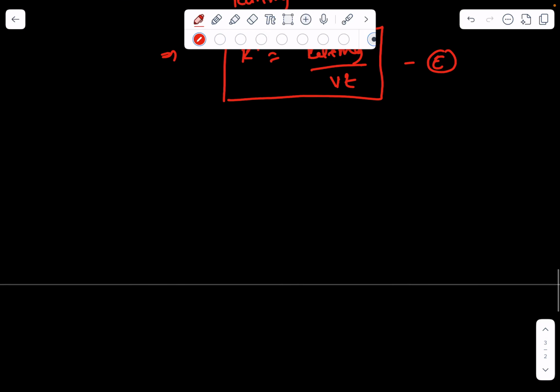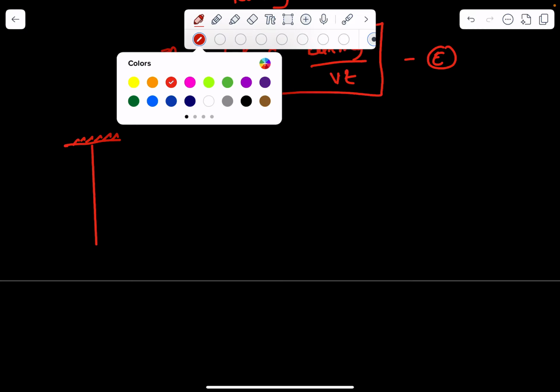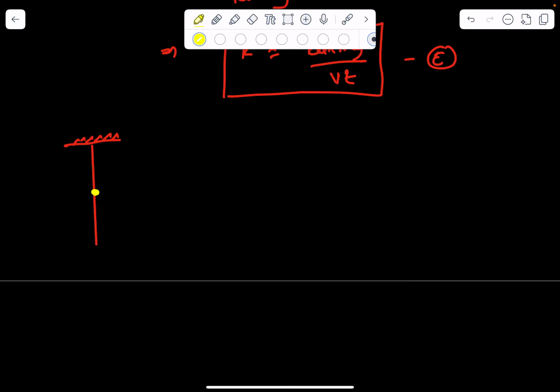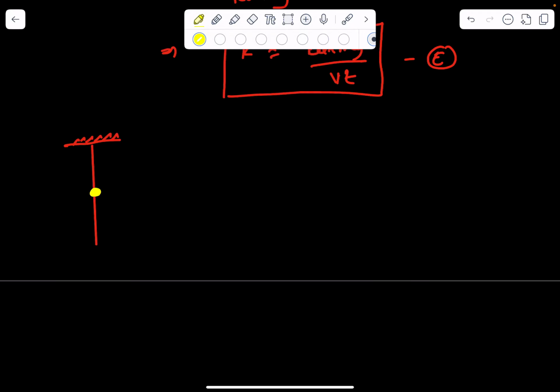Suppose for example, we are having the bead which is sliding down the wire here with a constant velocity v. And here we will be considering the elastic cord plus bead as a system.